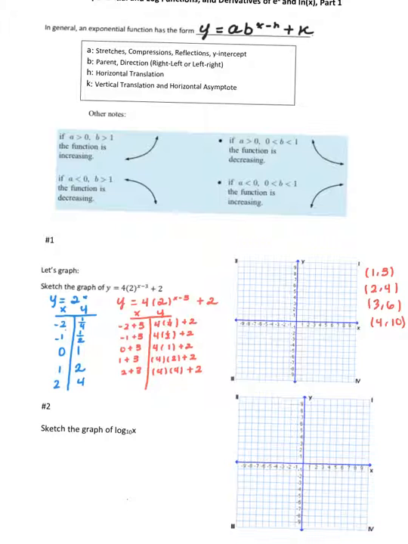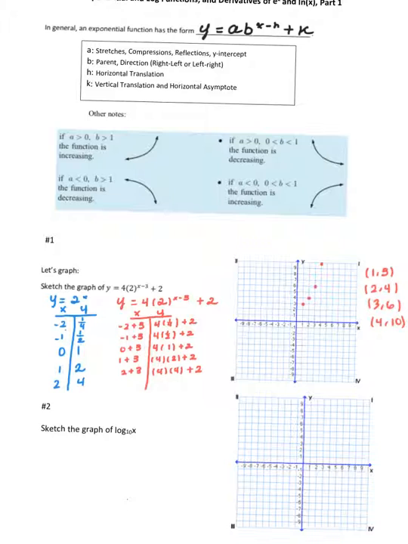Let's just graph those. (1, 3), (2, 4), (3, 6). I know that that plus 2 is my horizontal asymptote.